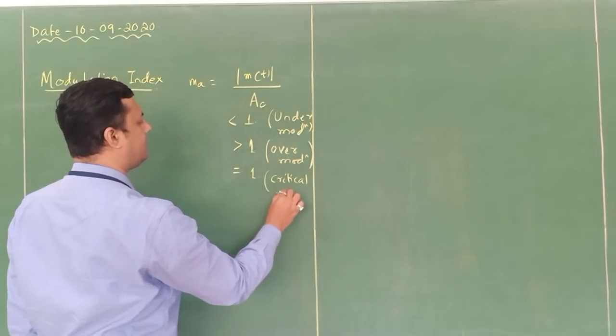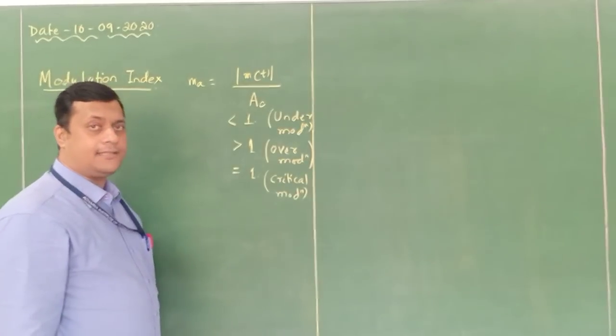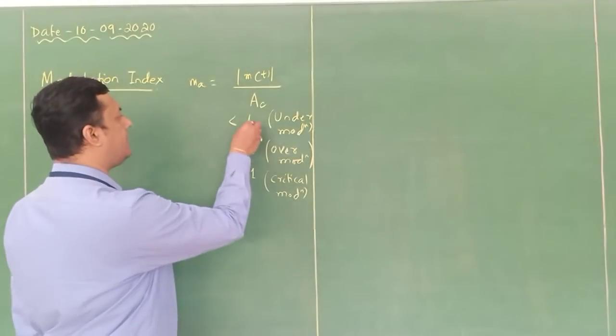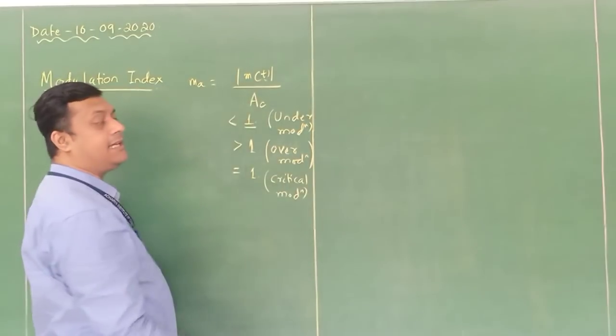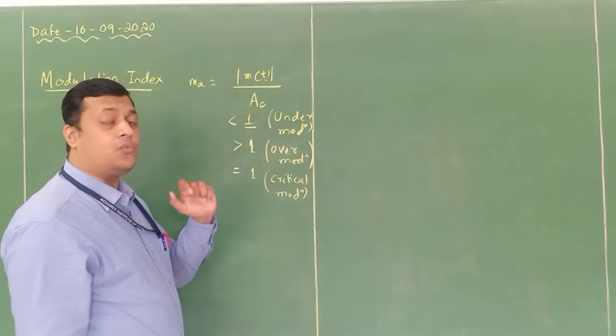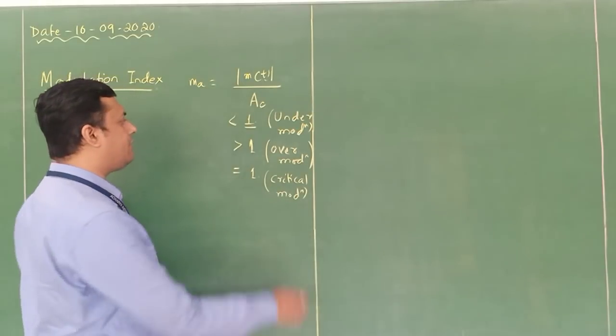In the last class we saw how the characteristics of the modulated signal change with respect to these factors. Under modulation indicates that the modulating signal amplitude is less than the carrier, so the envelope is created without any envelope distortion. When is envelope distortion created?